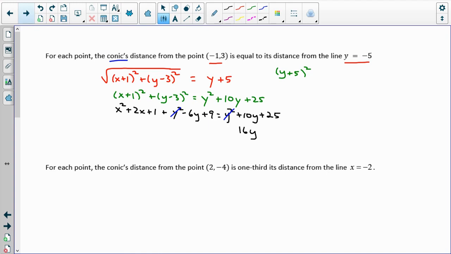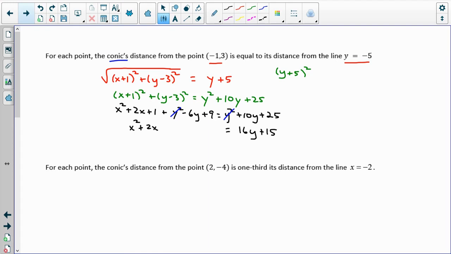I'll leave the x squared stuff over on the left side. And then I have 6y. I already moved that. And then I have another 10, so I'm going to subtract 10. So 16y plus 15, and then that's equal to x squared plus 2x.